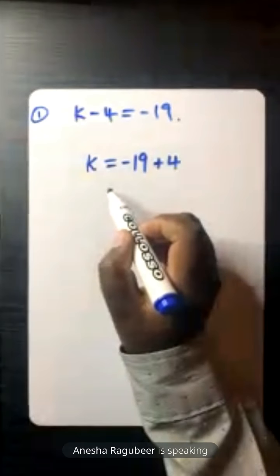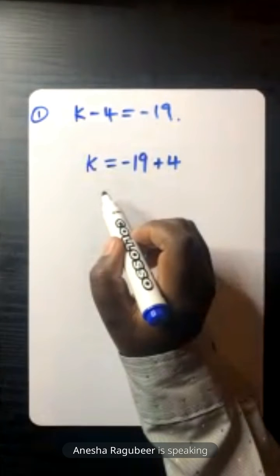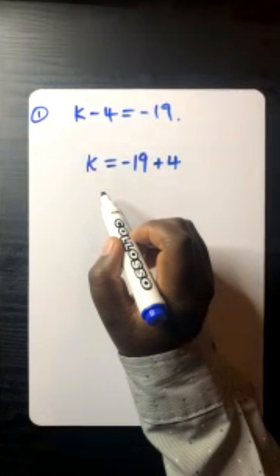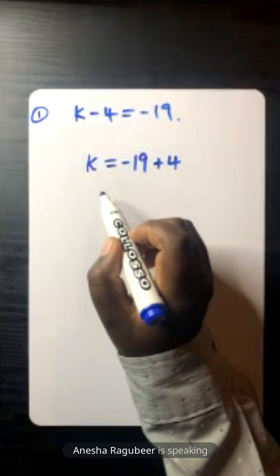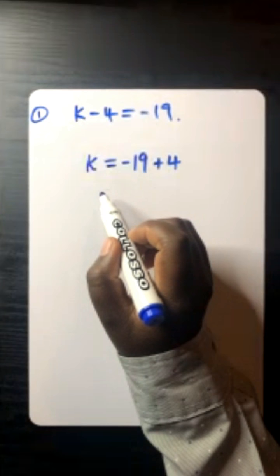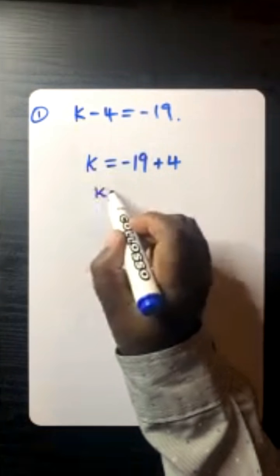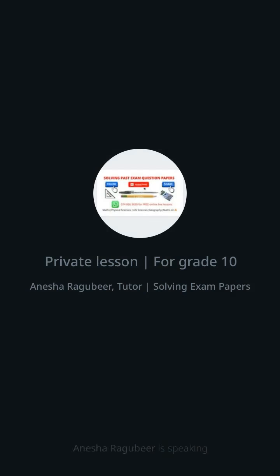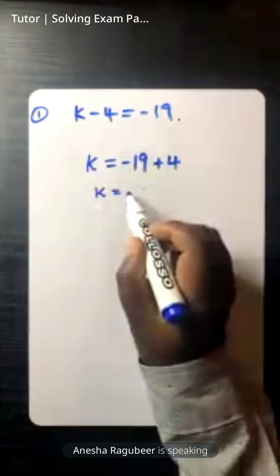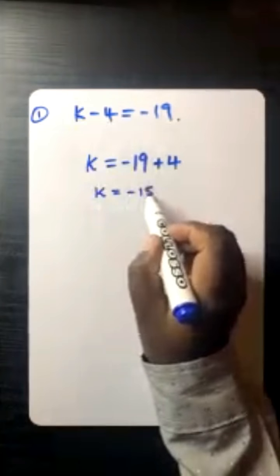So what is the step? Then the next one is to prove your answer, which is k equals negative 15. So you're saying k is equal to negative 15.